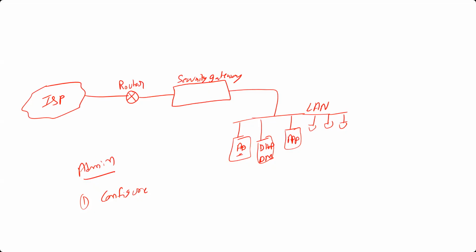And once the configuration part is complete, the second task is to monitor what is happening in the network, right? An administrator has to monitor what activities are happening in the network, like what's happening with the Active Directory, with our application servers, or with the user computers.